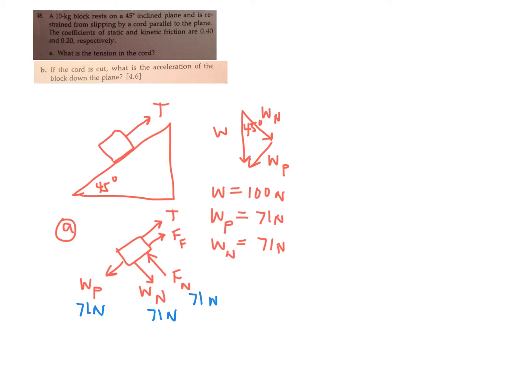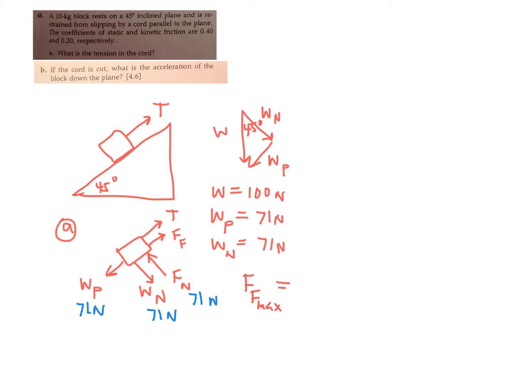All right, now friction. The 71 newtons W sub P is what's trying to make it slide down the ramp, and that will be the main acceleration part of the net force in part B. But for now, we want to figure out the maximum frictional force, the maximum static, because right now it's not moving. F sub F max is when you put the equal sign into the static friction equation, equals mu.